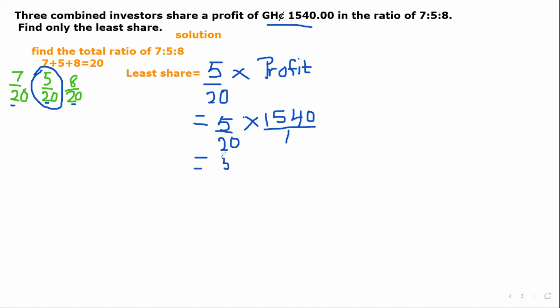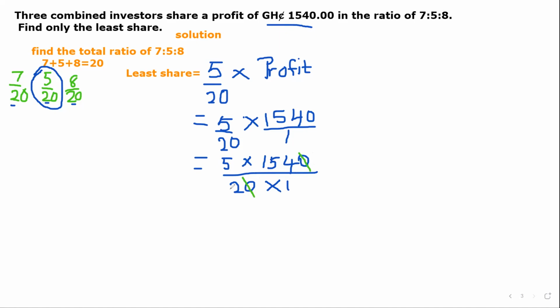So the numerators, we have 5 times 1,540, all over 20 times 1. Okay, then you start your cancellation here. The last 0 here will cancel the last 0 here.